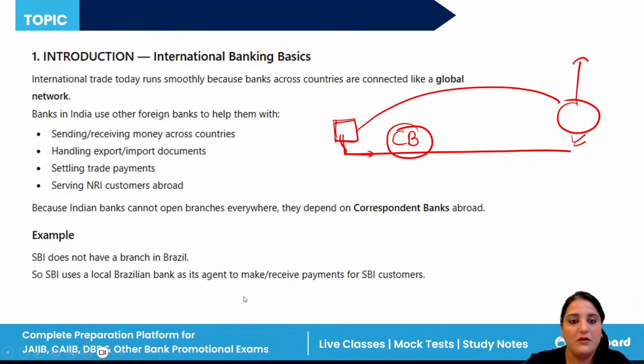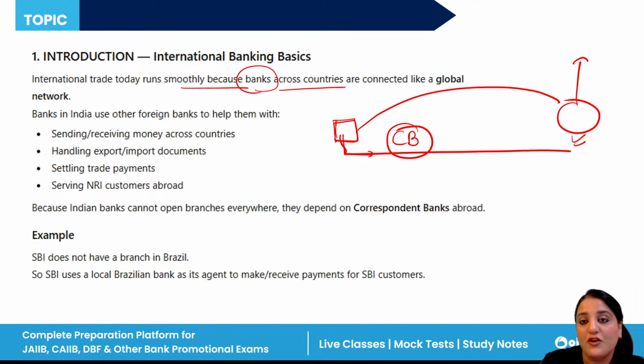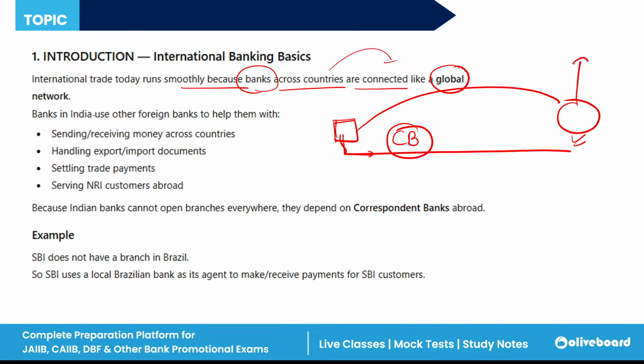Now international trade today runs smoothly because banks across countries are connected like a global network.